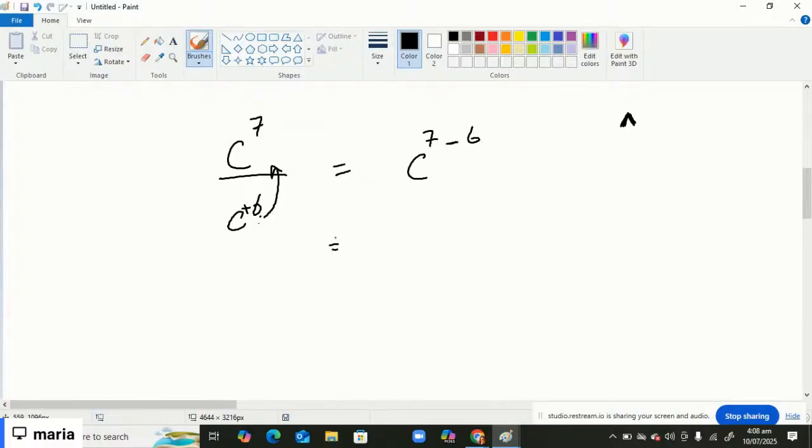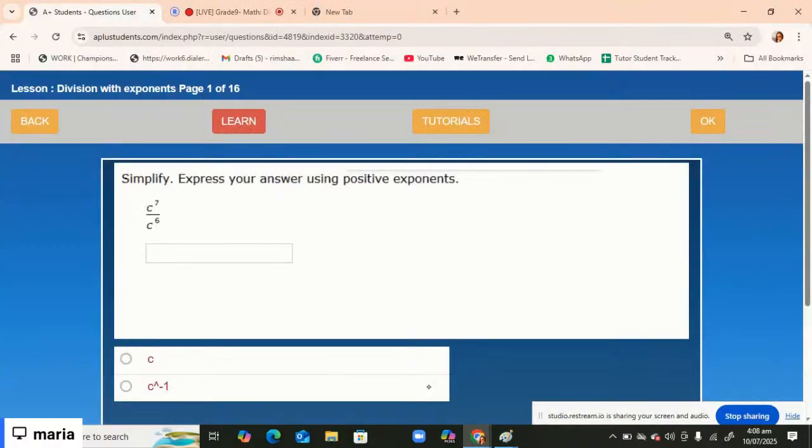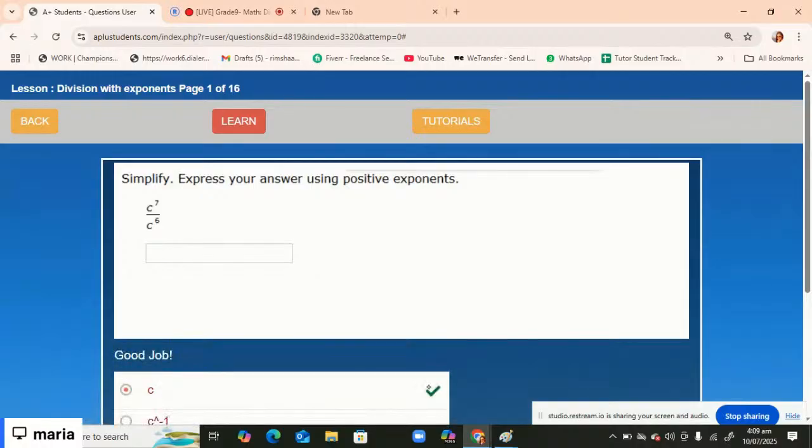And now when you subtract, the answer we get is 1. You can put it like this, c power 1, or you can also put c power 1 is c. This is not negative, so we are not converting it into a negative number. So let's see, is that the answer or not? And this is the right answer.